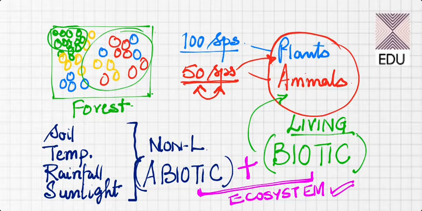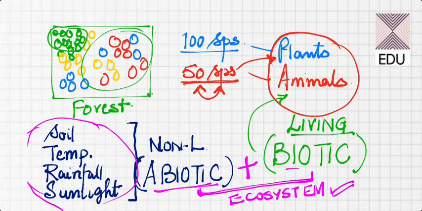So that means the ecosystem of a particular area, here we are taking a forest, is dependent upon these things. So these are very, very important things. So the abiotic and the biotic components make up an ecosystem, and the study of the ecosystem is called ecology.